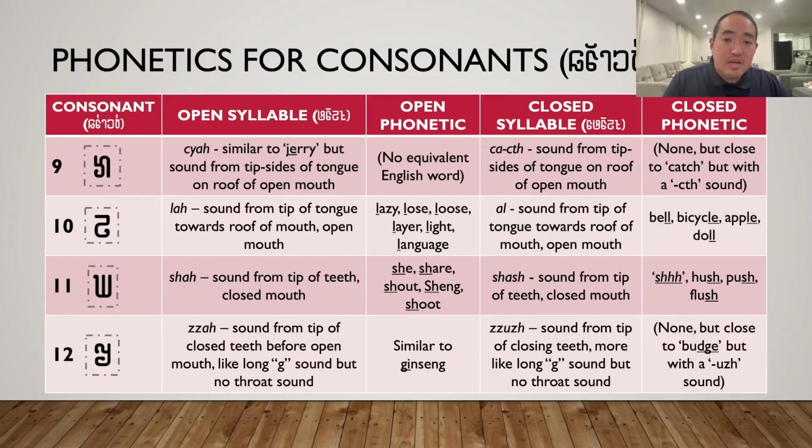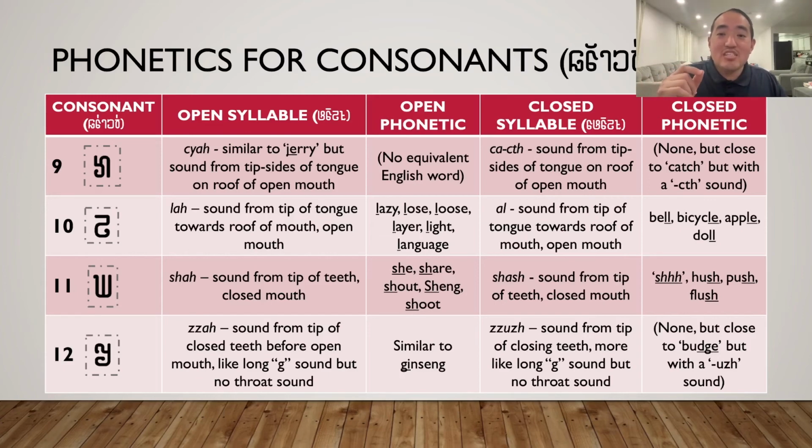Now the closed syllable is jat, right? The sound should come from the sides of the tongue to the roof of the mouth, open mouth. For this one, there's really not an equivalent English word, but the closest one is in the word catch, but instead of the end of the catch sound, it'll be the CTH sound.